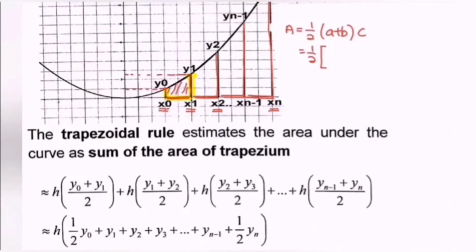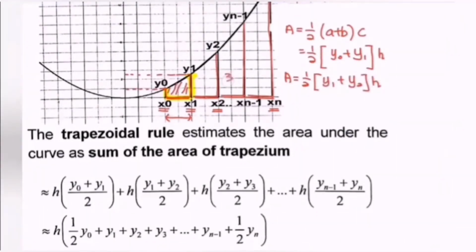So kindly substitute the situation. So here we will have y0 plus y1 multiplied with the width, where we name it as h. So for the second part, again, we will have 1/2 bracket, where we will have y1 plus y2 multiplied with the h.